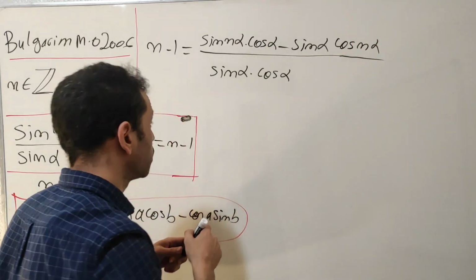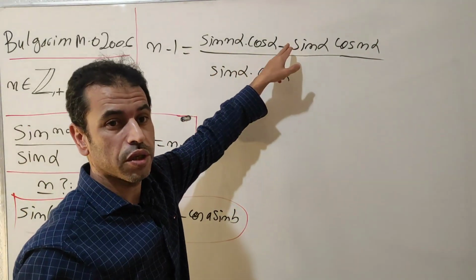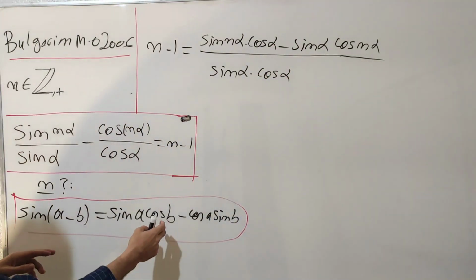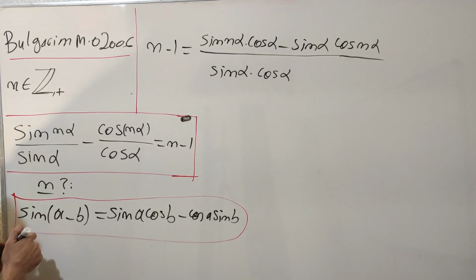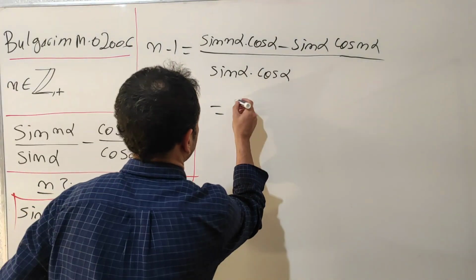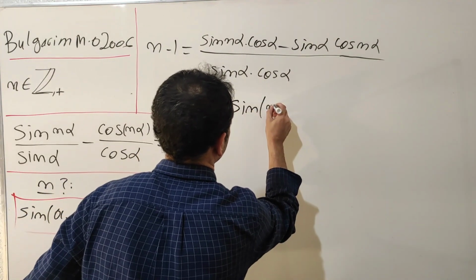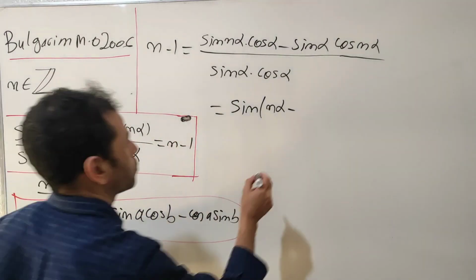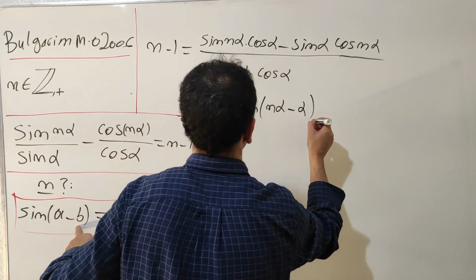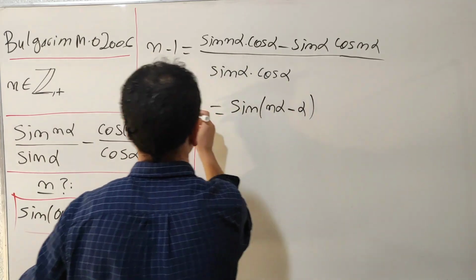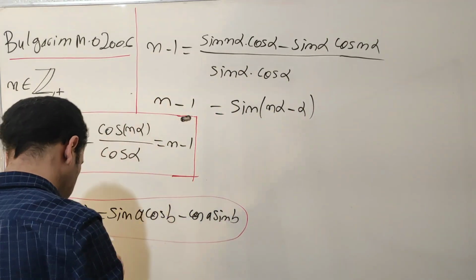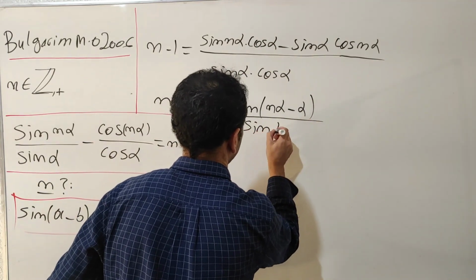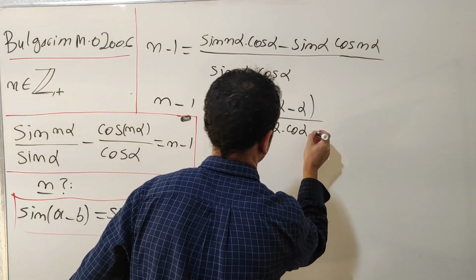If you take a look at this expression, it is written exactly in this form. I'm going to change it into this form, so I get sine of n alpha minus alpha, which equals n minus 1, where the whole thing is divided by sine alpha multiplied by cosine alpha.